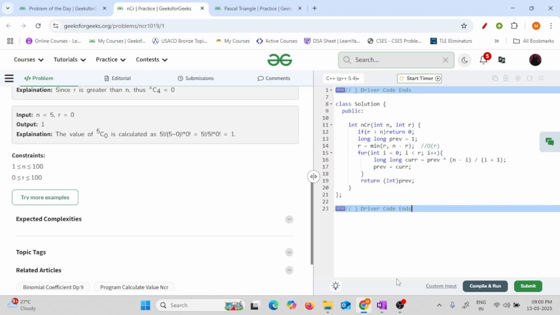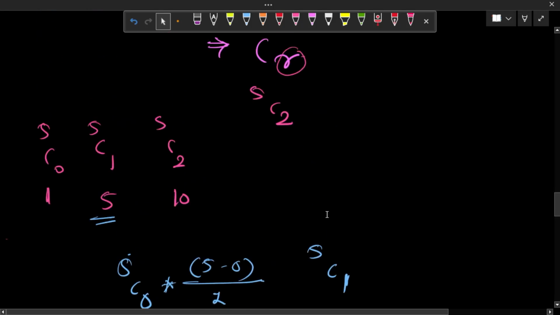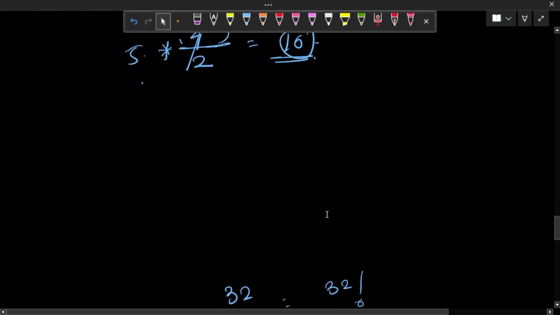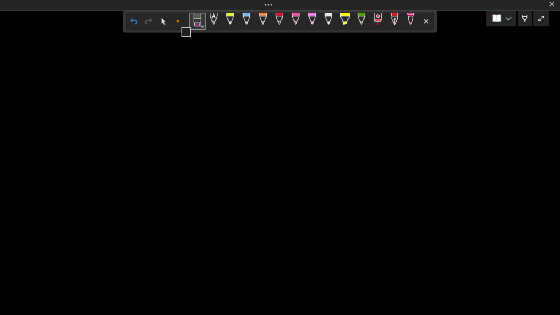Now the question is why I am changing r to the minimum of r and n minus r.